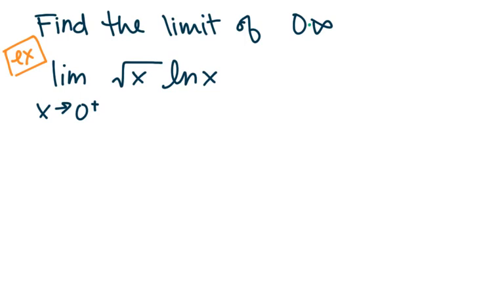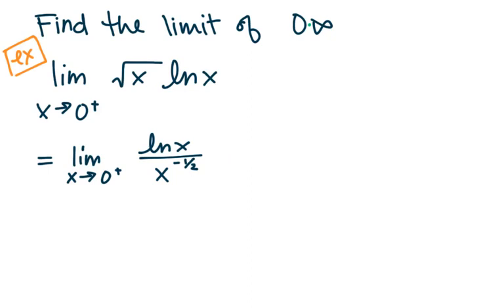There's a vertical asymptote. All right, so rearranging this, not applying L'Hopital's rule here, this is the same as the limit as x goes to 0 from the right of the natural log of x over x, and I'm going to raise that to the 1/2 power. Moving it to the denominator makes it negative 1/2.